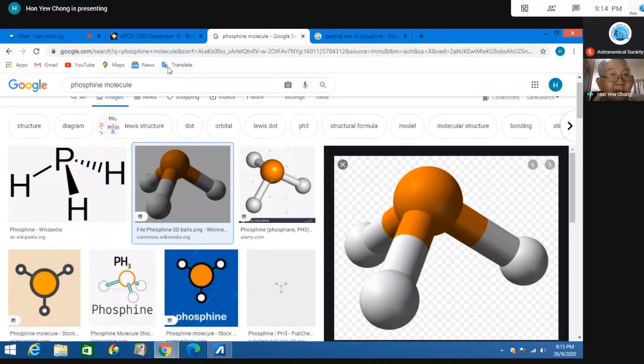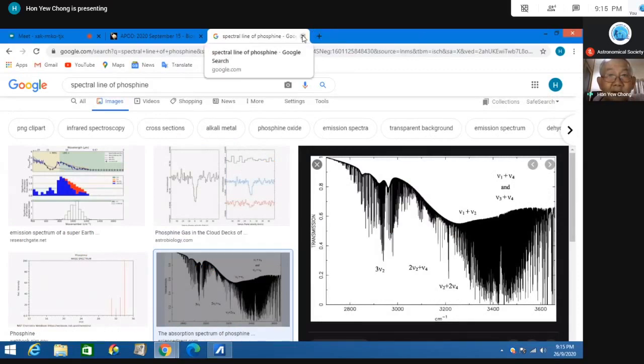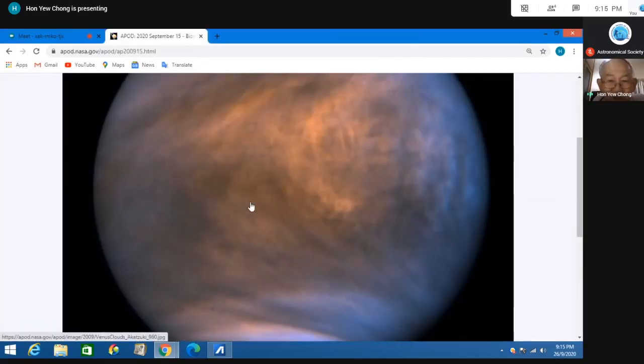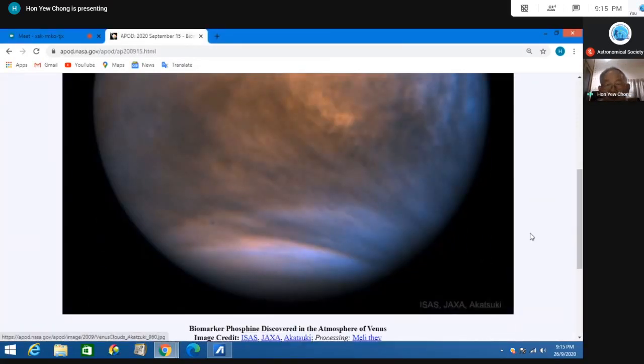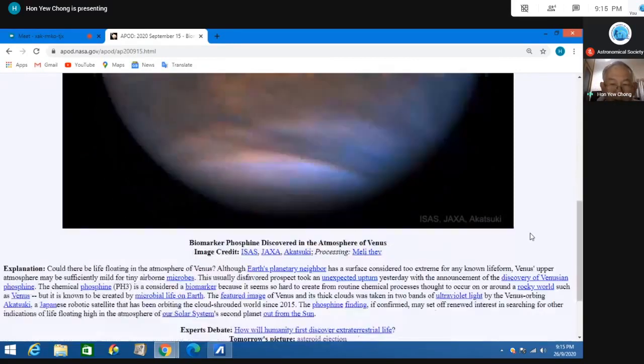So this is how they detected phosphine in the atmosphere of Venus. Big discovery, because now many professional astronomers are working on it.